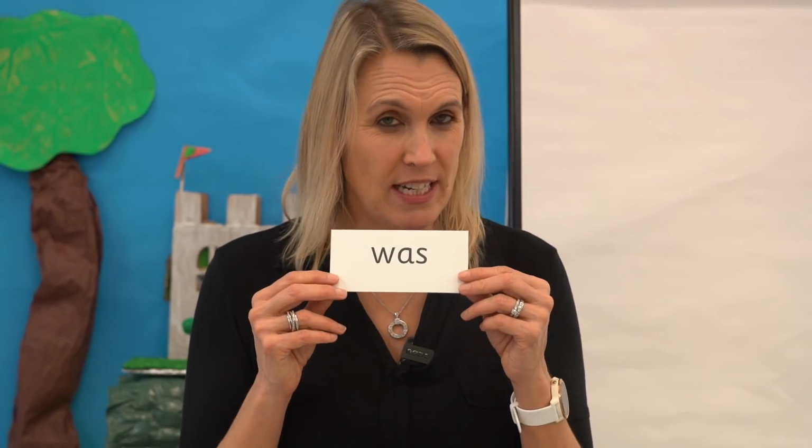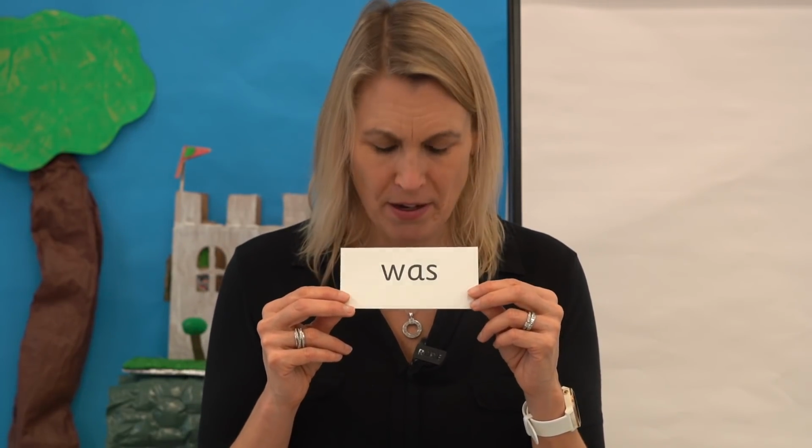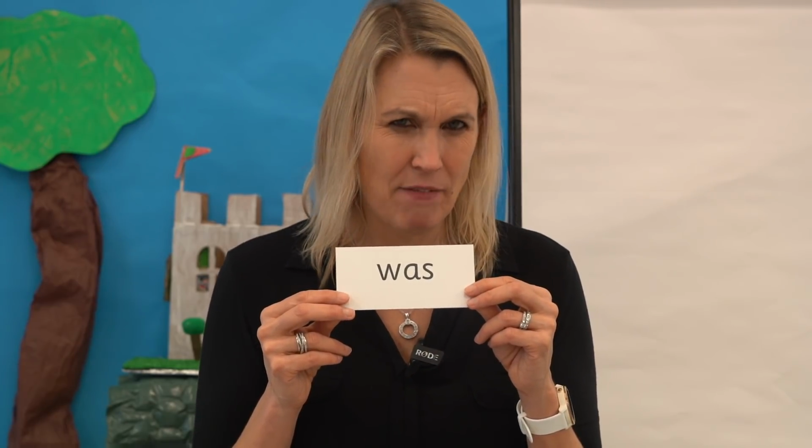Incredible! We are on fire today, children. Now we are going to read some tricky words. Have a look at this one. You know how to read this tricky word. We have read this before. Can you remember why this word is tricky? Have a think.